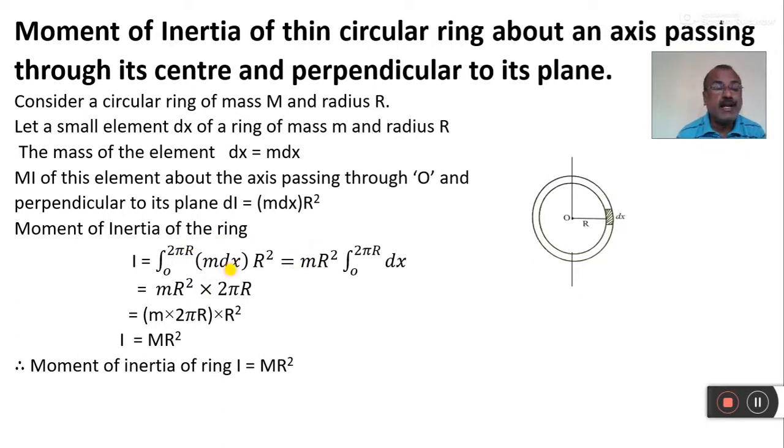Therefore, we can write the integral of m dx into r squared is equal to m r squared into the integral from 0 to 2 pi r of dx, which is m r squared into 2 pi r. Moment of inertia of a ring is given by I is equal to m r squared.